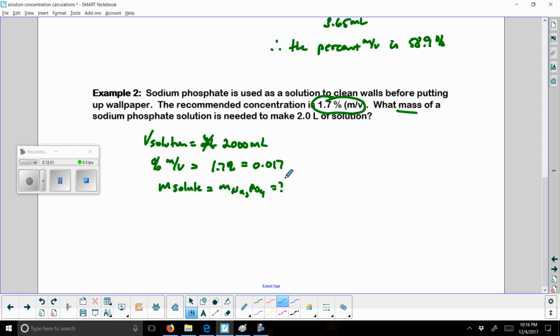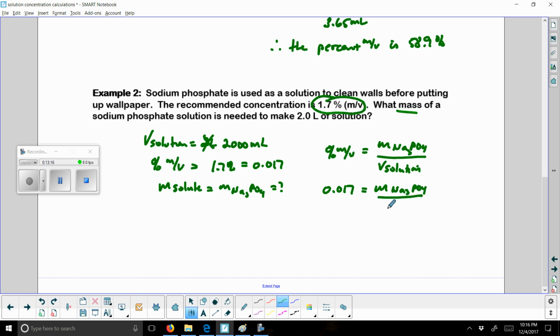So let's look at our equation. The percent mass volume is the mass of the sodium phosphate all over the volume of the entire solution. So I know this is 0.017. I don't know the mass of my sodium phosphate, but I do know the volume is going to be 2,000 milliliters.